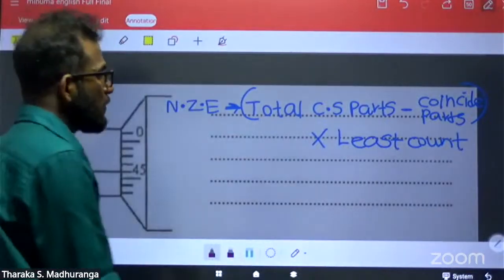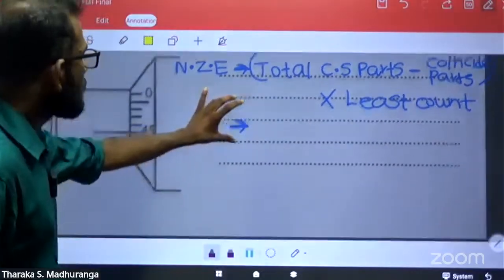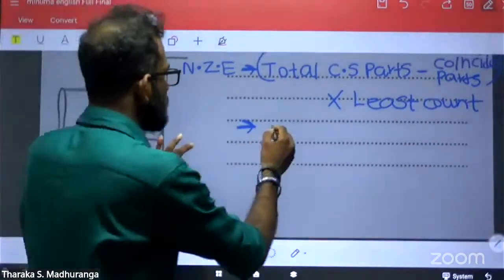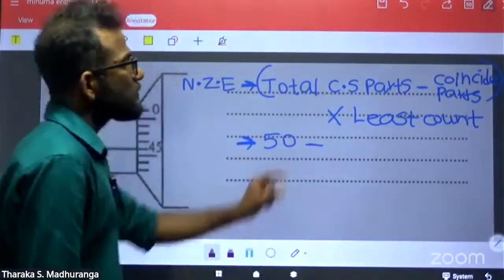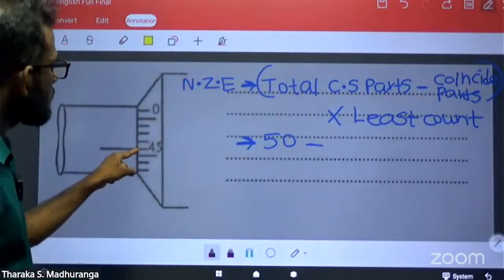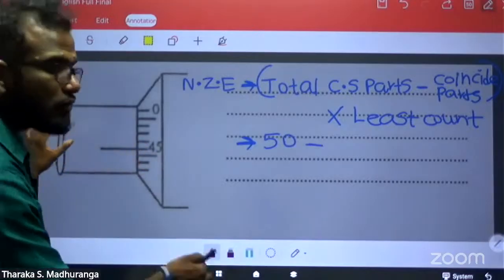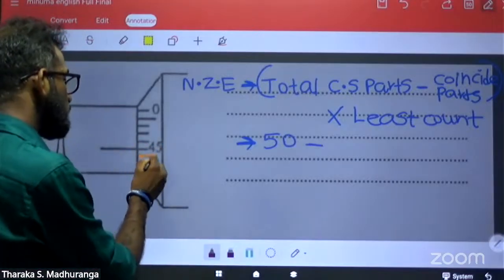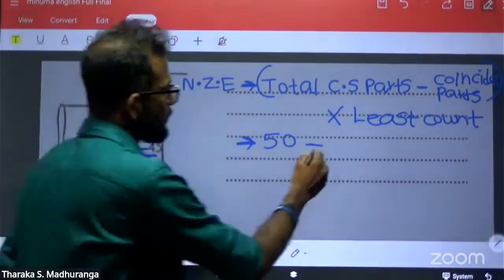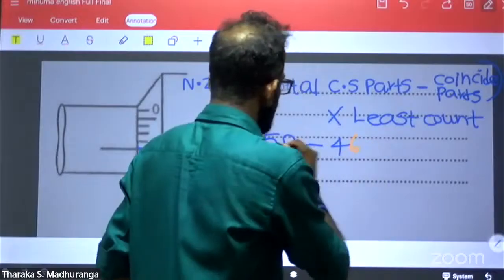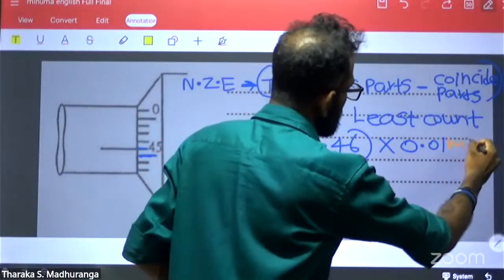Then the negative zero error: the total circular scale parts, it is 50, the recommended standard one, 50 minus coincide part. Not 45, the long line is 45, then 46, 47, 48, 49, 50. It is 46. So 50 minus 46 is 4, multiplied by 0.01 millimeter.